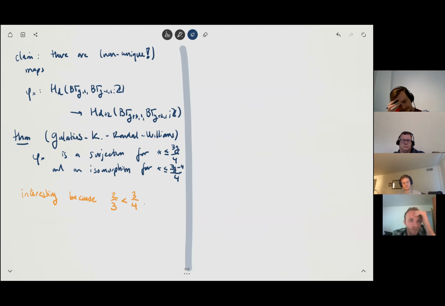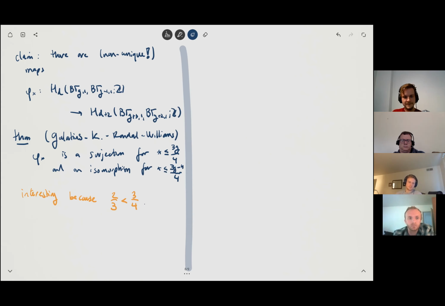So not that many results of this nature are currently known. I've listed all the references that I'm aware of in the lecture notes, and the only other examples, apart from mapping class groups, are general linear groups of fields, or local rings maybe, and configuration spaces.